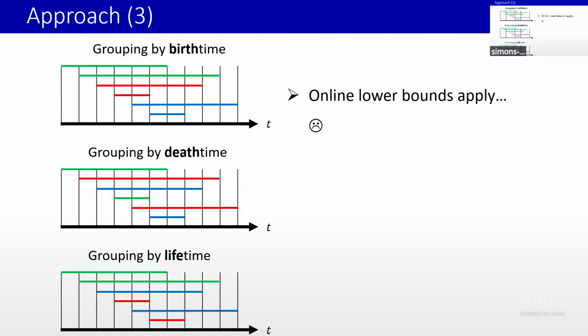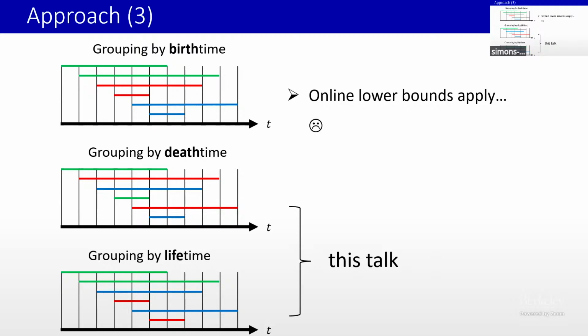Then there are two other options: grouping by death time, which in this instance would put these two greens together, the two reds and the two blues together, or grouping by lifetime, which would give a different grouping. I'm going to concentrate on these two choices, death time and lifetime.